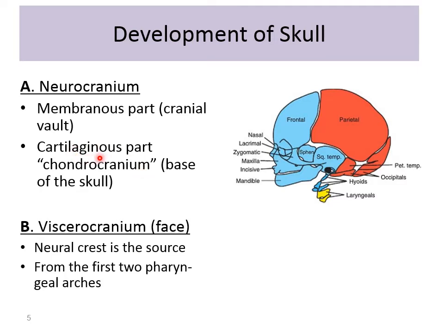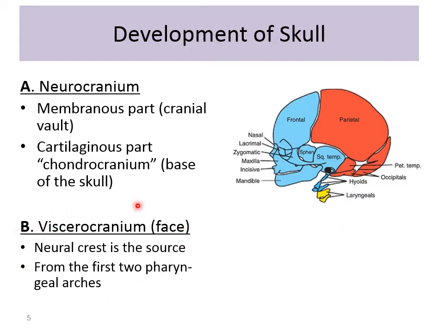At first, they start as hyaline cartilage. The chondrocranium is the base of the skull, and also part of the chondrocranium is formed by the neural crest cells, and the posterior part, posterior to the pituitary fossa, is formed by the paraaxial mesoderm from the skeletal part of the somite.